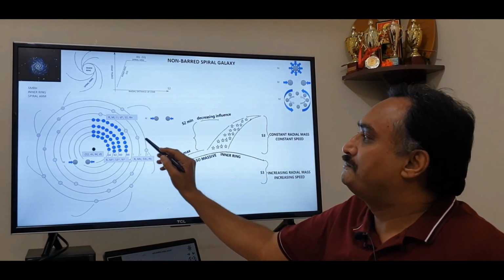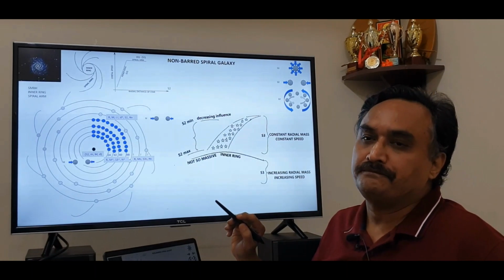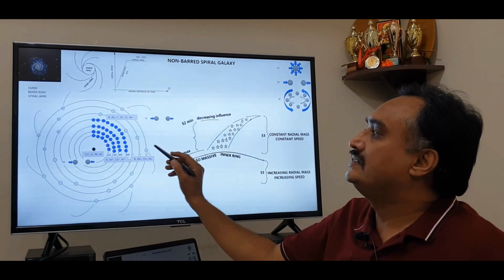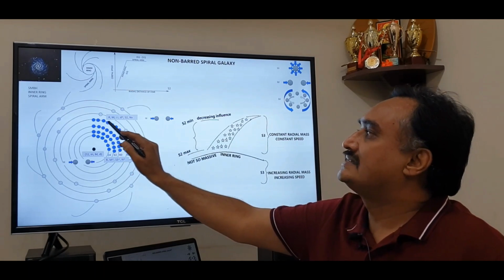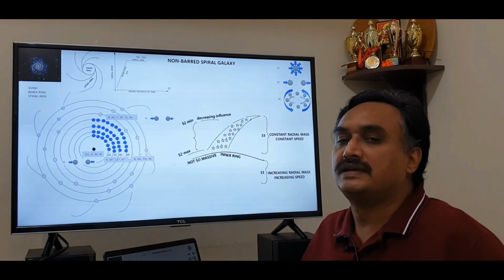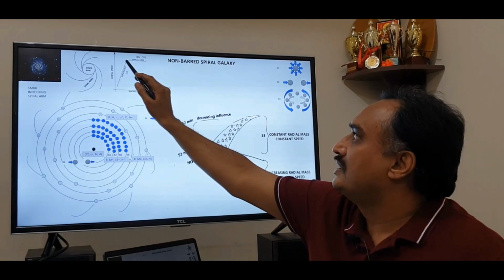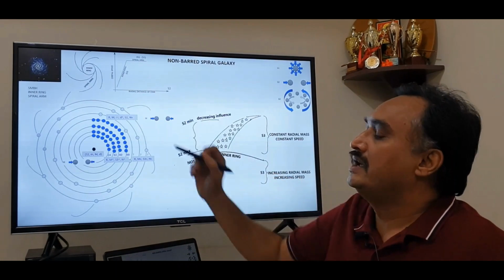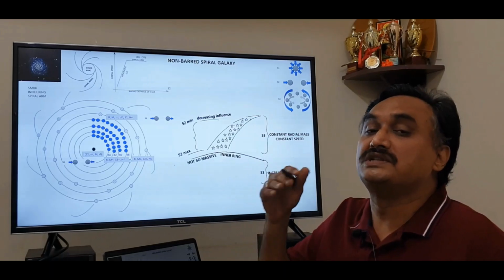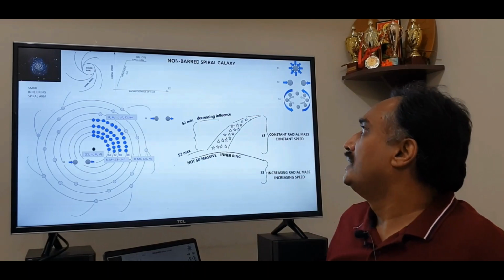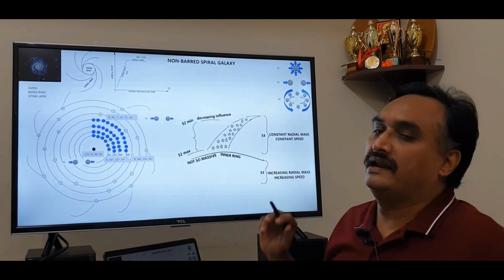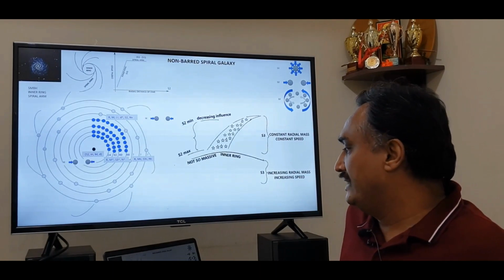But the basic speed of all of these masses in the spiral arm is the same as the speed of the stars in the periphery of the inner ring. That is why you see that it is not dropping here, it is the same here. It's only the additional speed which is becoming lesser and lesser. So that is how the spiral arms are formed, or the spiral galaxy is formed.